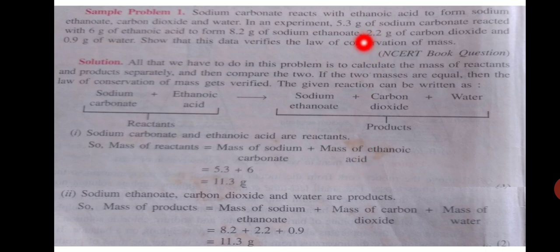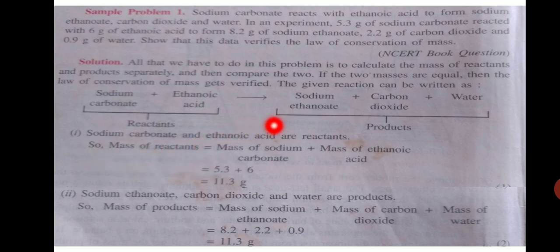It is given in your question: 5.3 gram of sodium carbonate reacted with 6 gram of ethanoic acid. Add up together, we will get 11.3 gram. So we got the first part of this problem, that is the mass of the reactant.